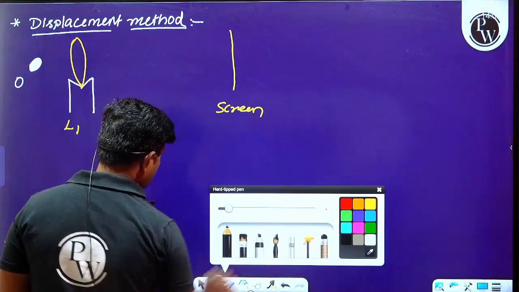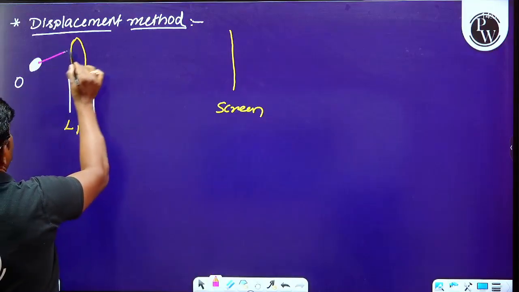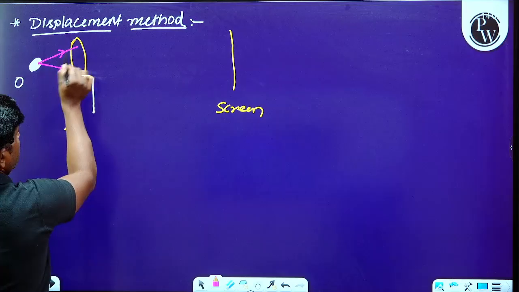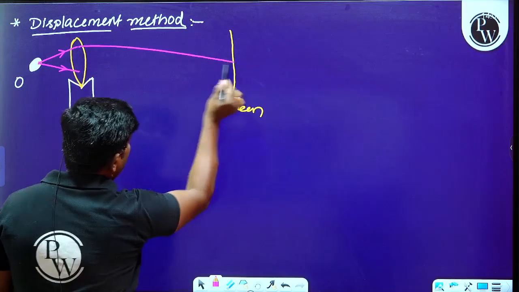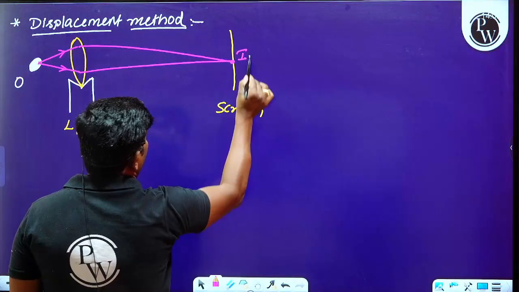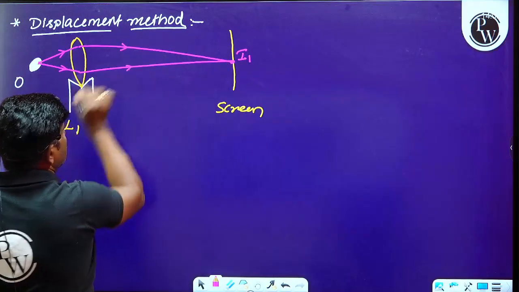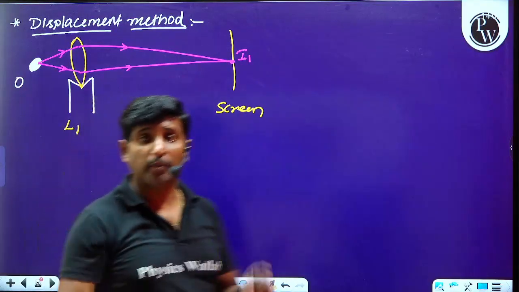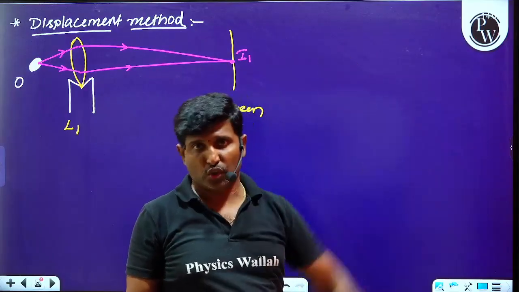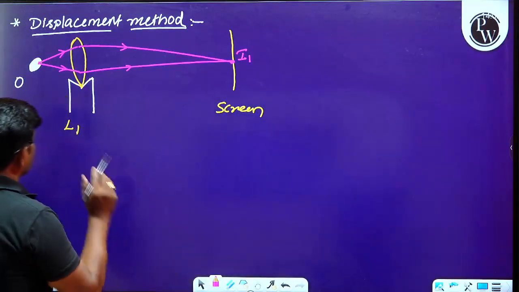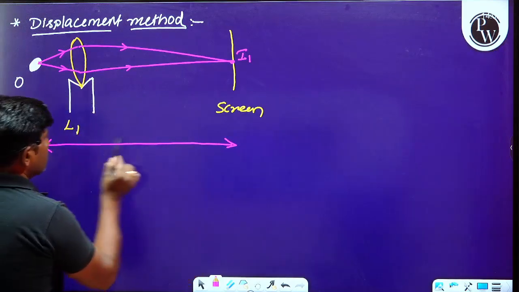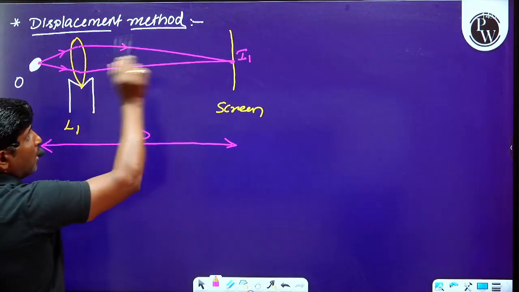And whenever light from the object is made to incident on the lens, it forms the image. Let us say I1 is the image of the object when the lens is at the first position. Is it clear? And capital D is the distance between the object and the screen.